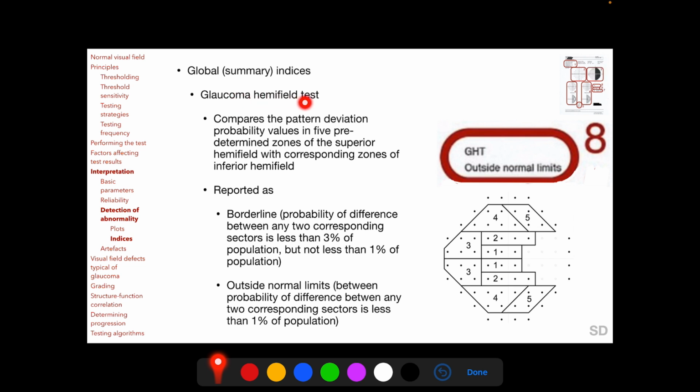The glaucoma hemifield test can be reported as borderline when the probability of difference between any two corresponding sectors is less than 3% of normal population but not less than 1% of normal population. It is reported as outside normal limits, as shown here in this figure, when the probability of difference between any two corresponding sectors is less than 1% of normal population.